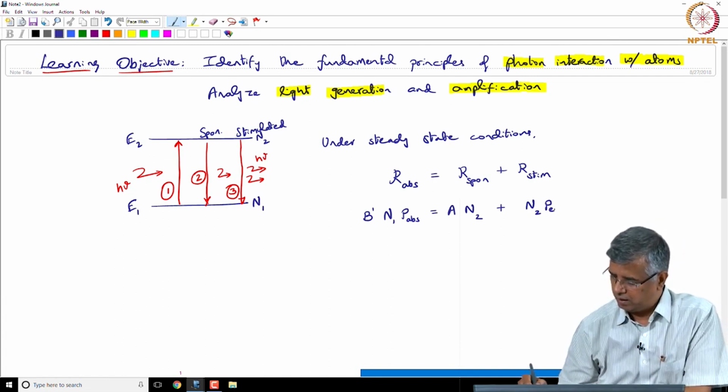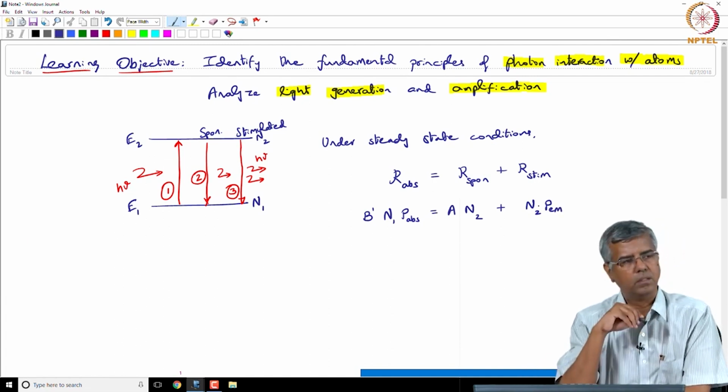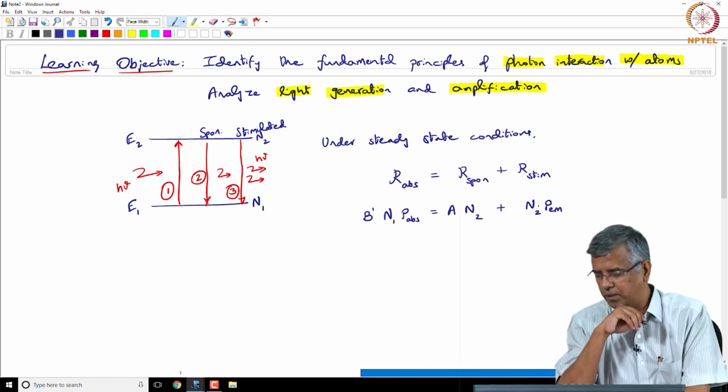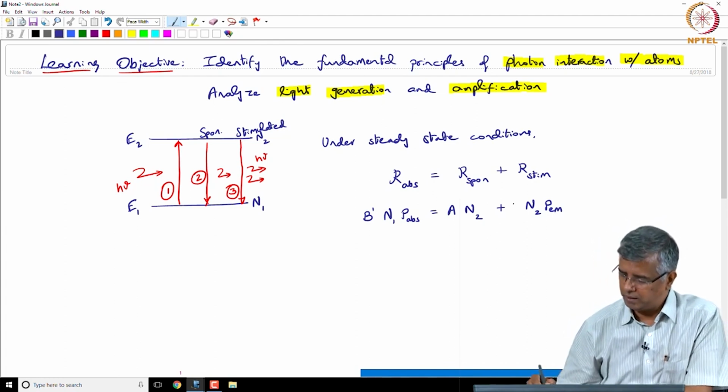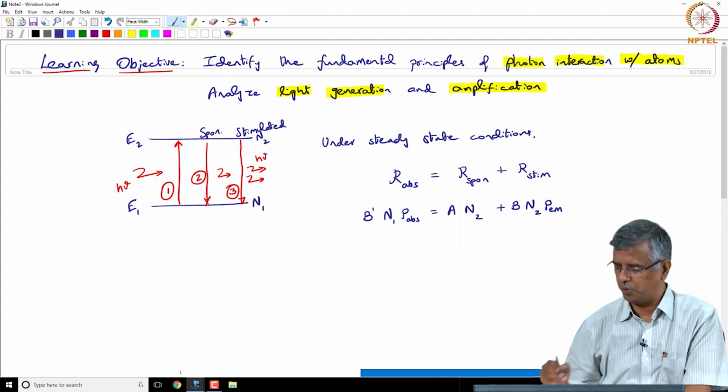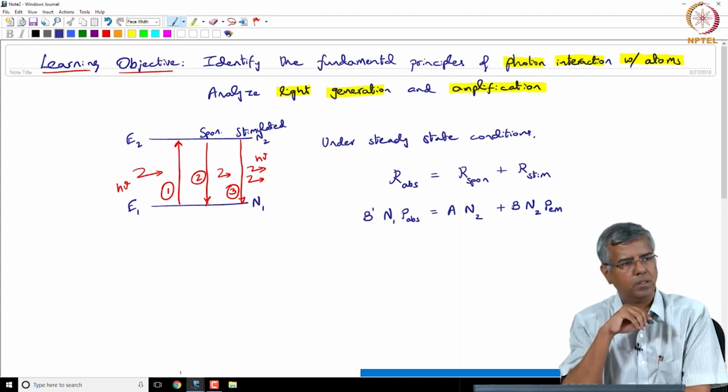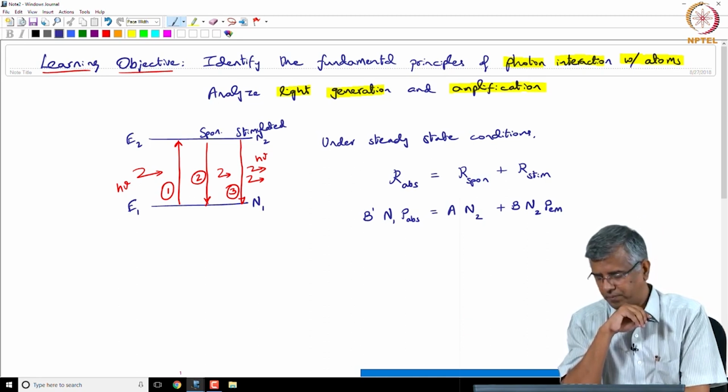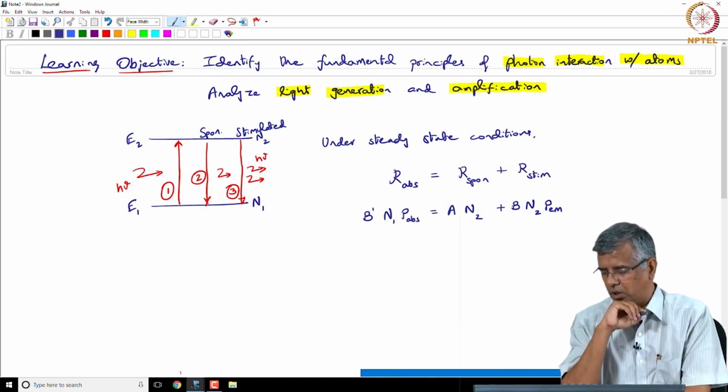It emits with a certain probability density that we can call as P EM, right, and that also happens at a rate, let us say it is proportional to B. Okay.